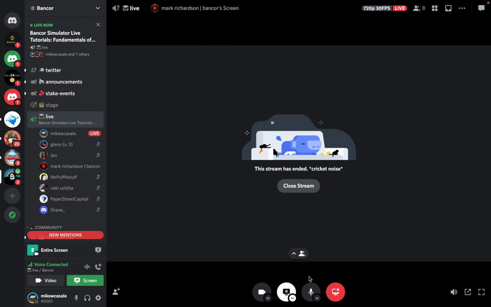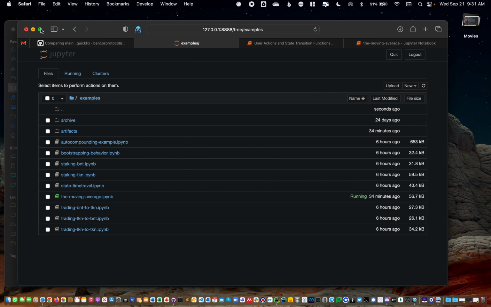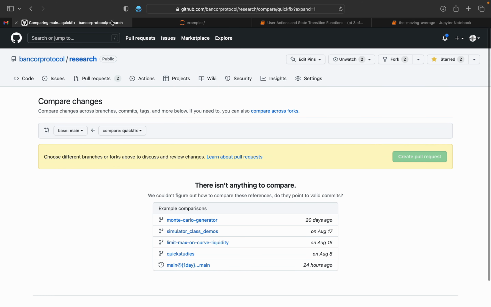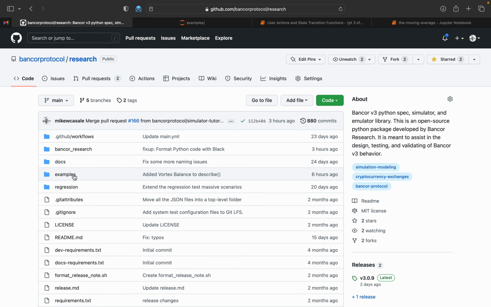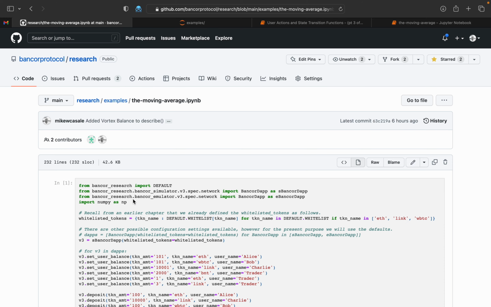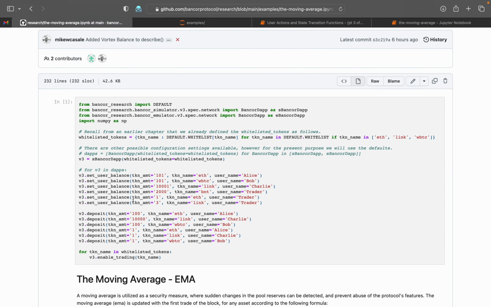Yes. Okay. Good. So I want to point out a few things. One is that when you get into the repo and you look under examples, you'll notice that we have here the moving average example notebook, and this is going to follow precisely what happens in the BIP15 document, and with regard to the EMA section of that document.